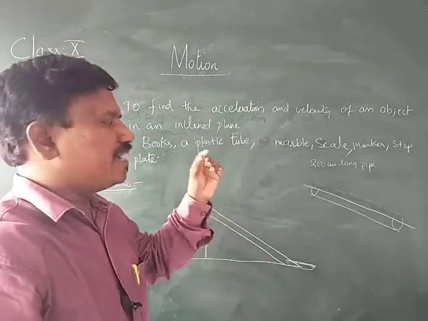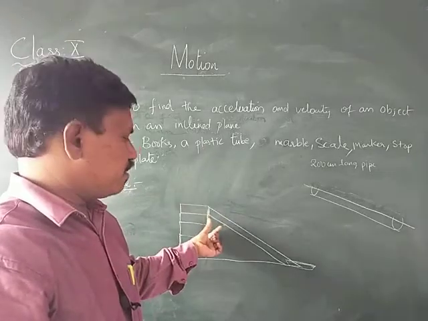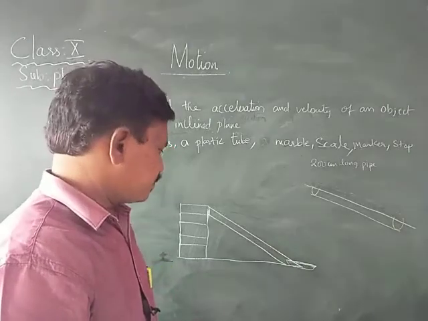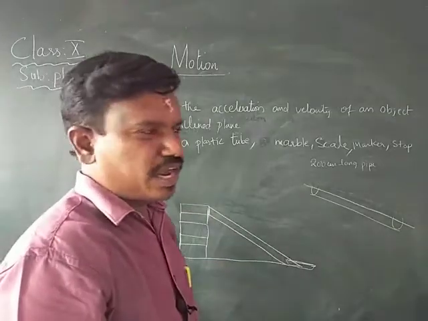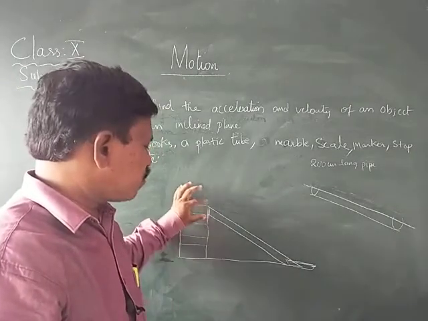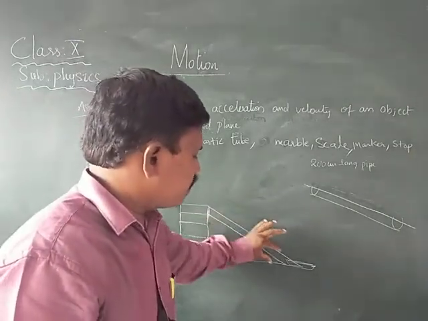Its diameter should be lesser than the diameter of the pipe, such that it can roll through it. You place the glass marble over this one, such that it will be rolling.